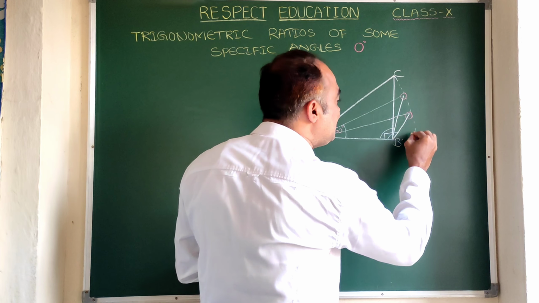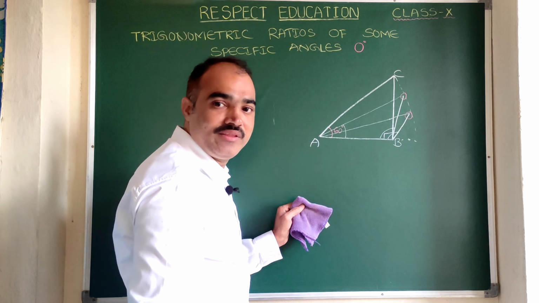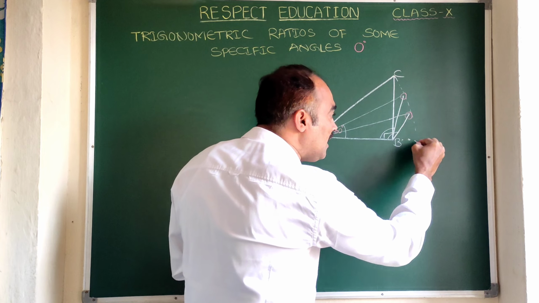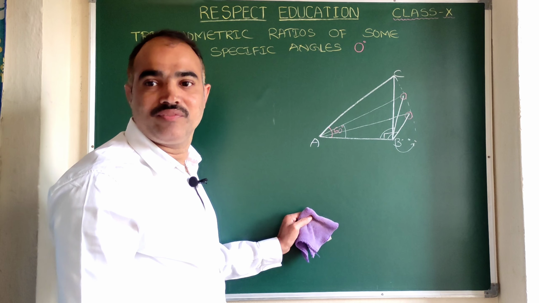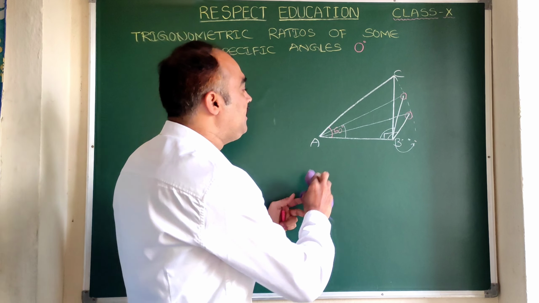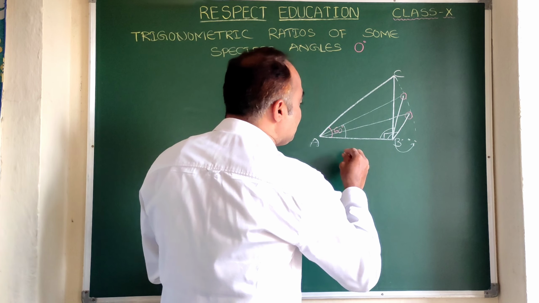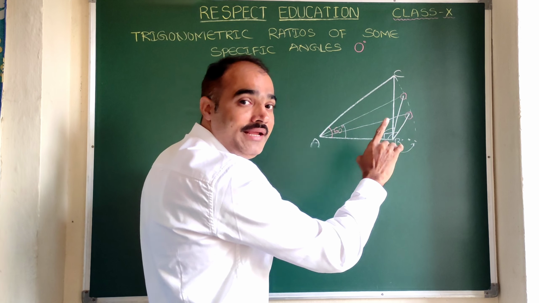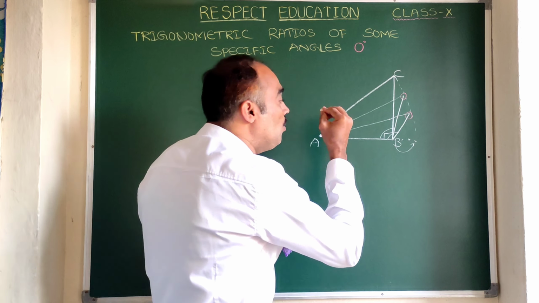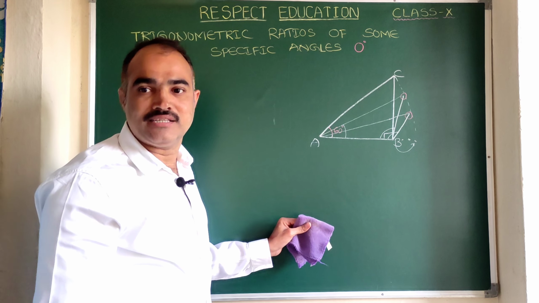Same way here, if C comes here, then B will be coming here. Similarly, if C falls, immediately who will come there? B will come there. Is it clear? That means here we need to understand that AB and AC will be equal when there is no angle. Did you understand my point?